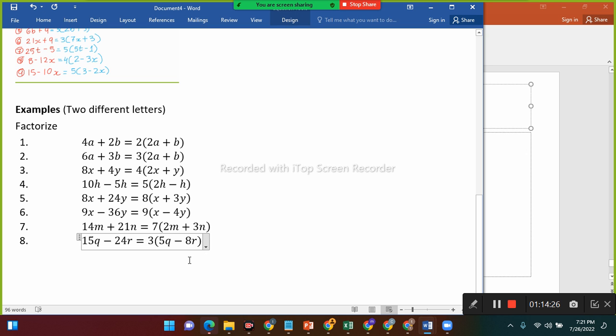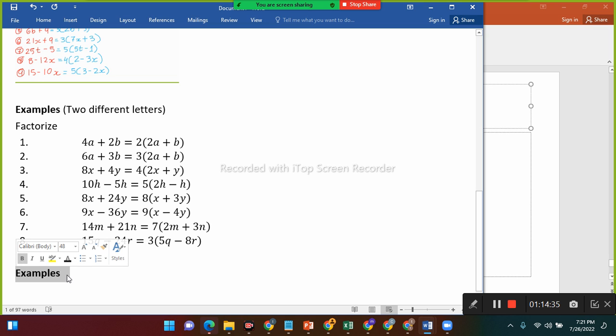Okay, so examples. So we're looking at different letters. Oh, no. Same letters.